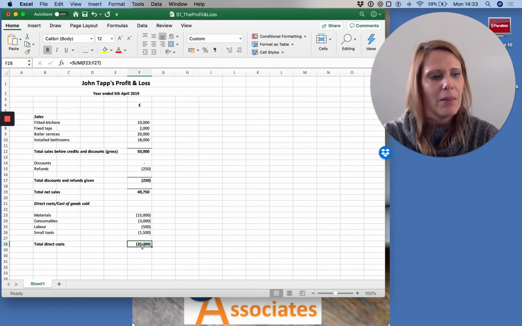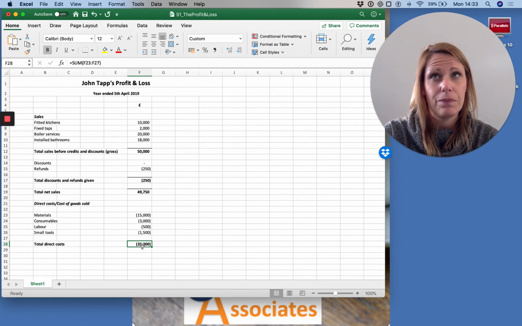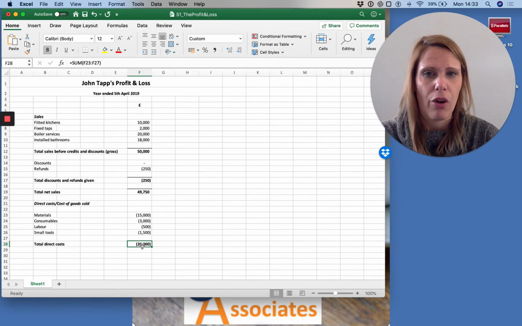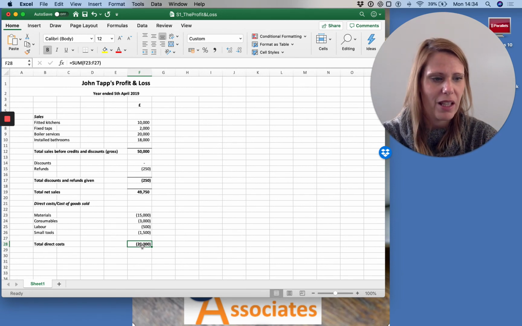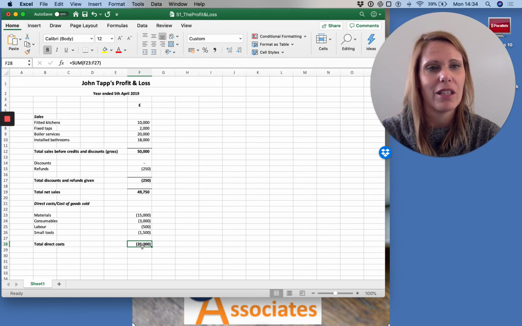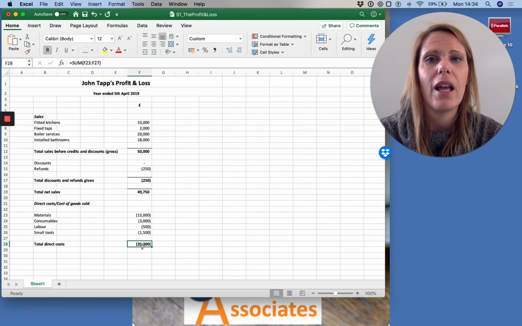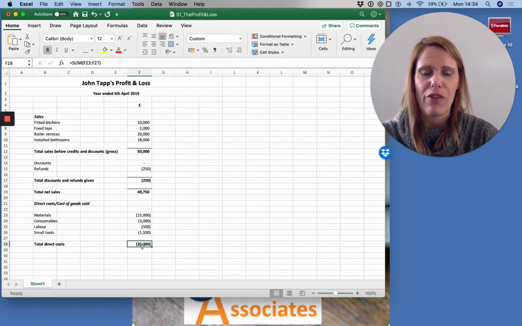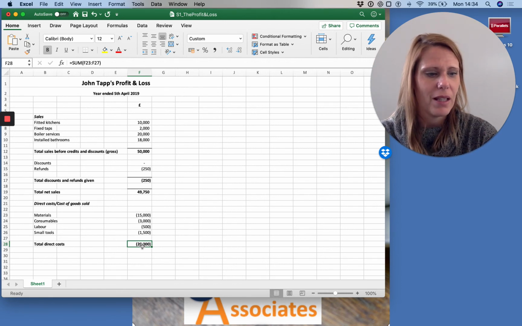Similarly, if you think of a sales team, if you hire a sales team, they are there to drive the sale of your product or service, and therefore you would want to attribute an amount of their labour to a direct cost. The reason we have to be careful with direct costs and what we put in there will become apparent in series 1, episode 3, when we start looking at gross profit and what this actually means for our business.